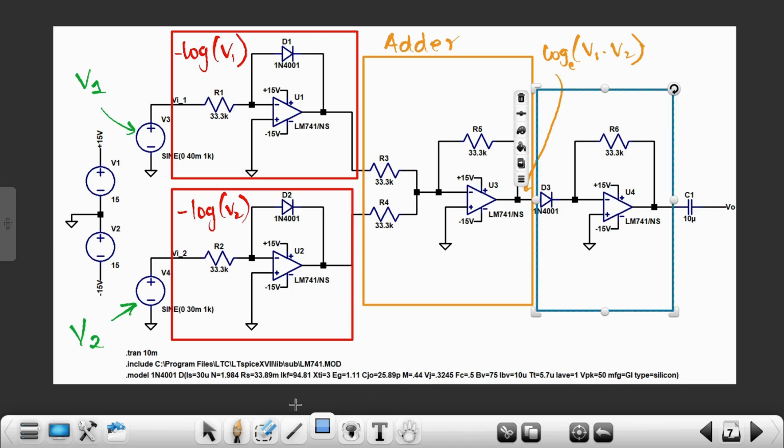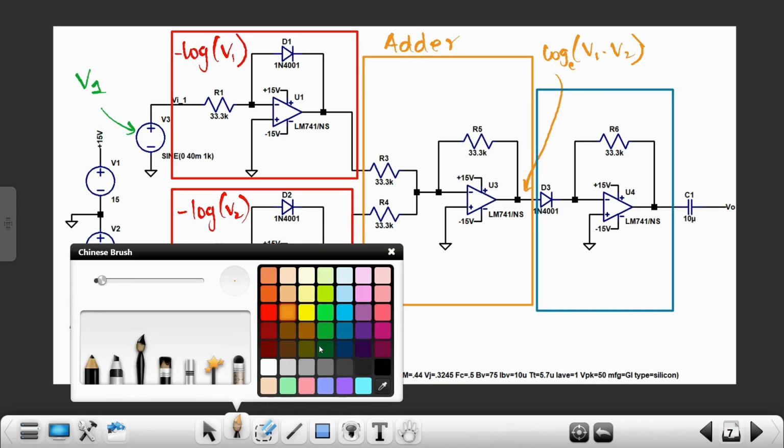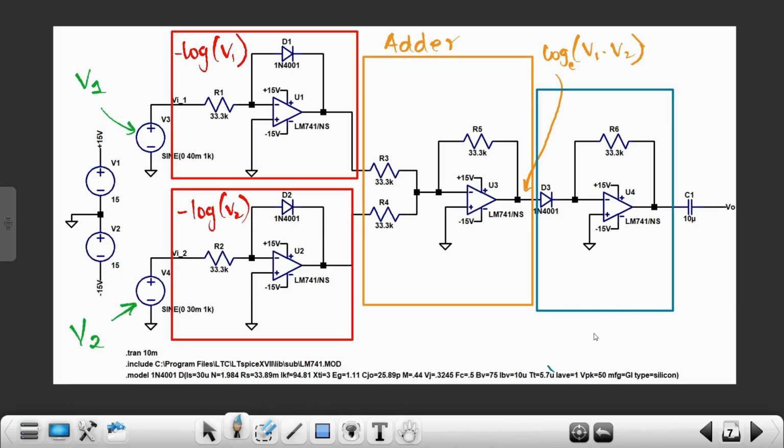This is my antilog amplifier, and over here we will get minus of E raised to log of V1 times of V2, right? So in short, we will get minus of V1 times of V2.